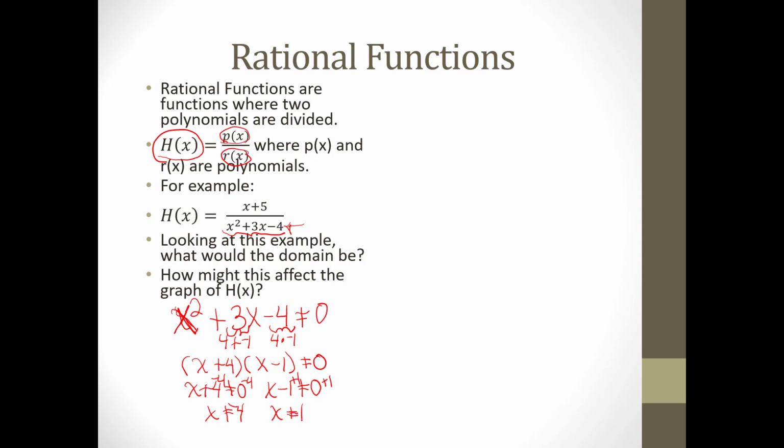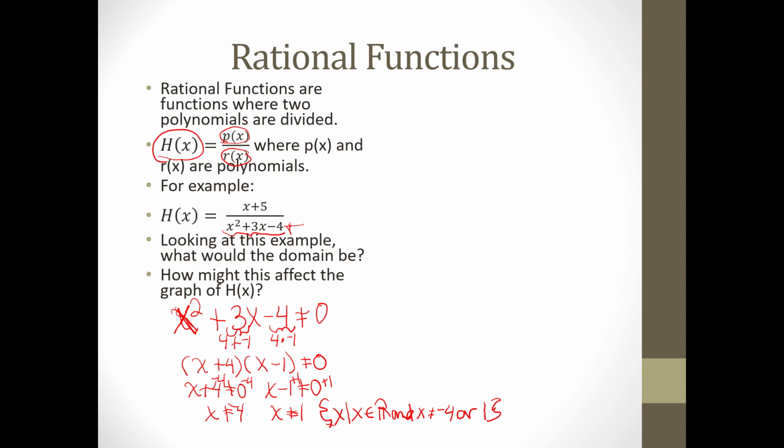Now, that means the two values we cannot plug into this formula are negative 4 and 1. That also helps us find our domain, because our domain can be all x's such that x is an element of the real numbers and x is not equal to negative 4 or 1.